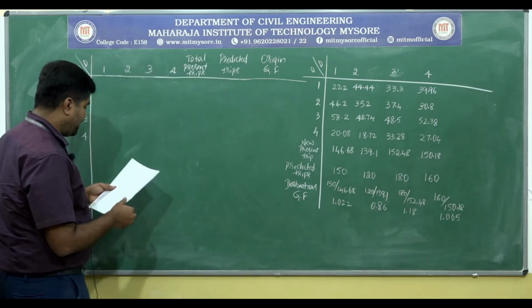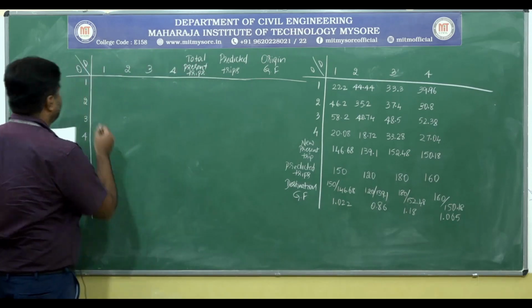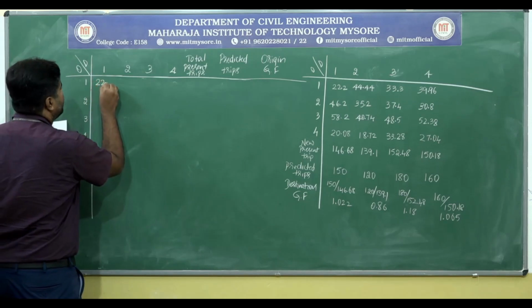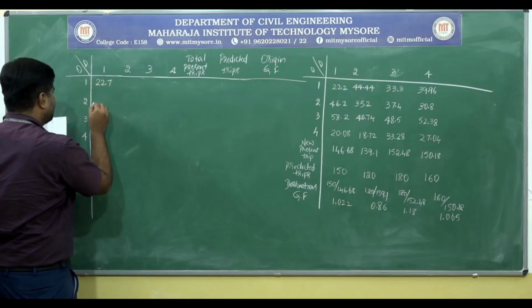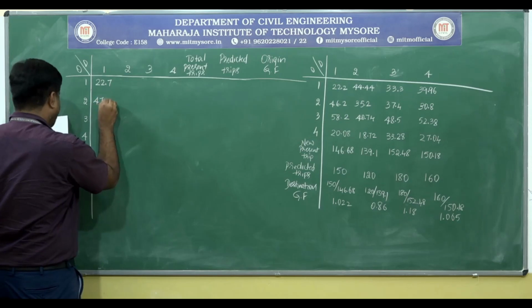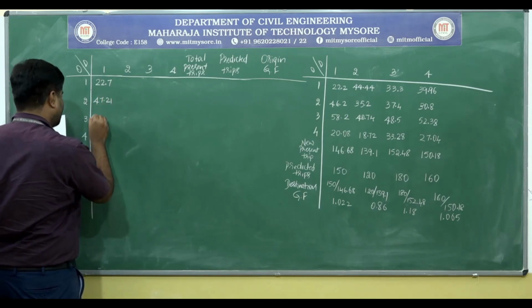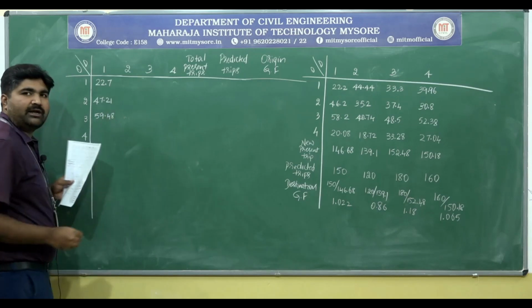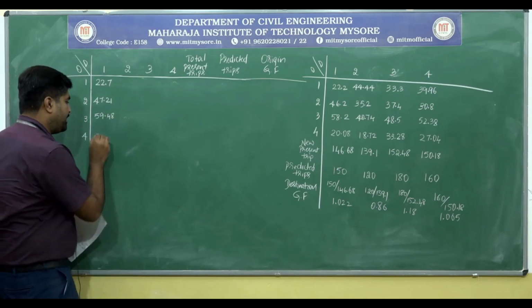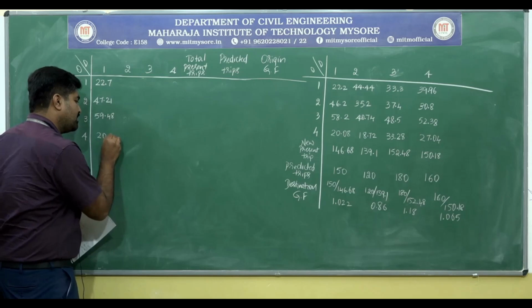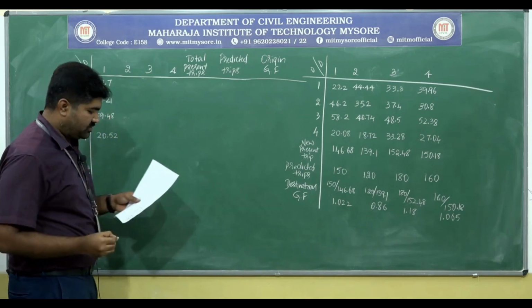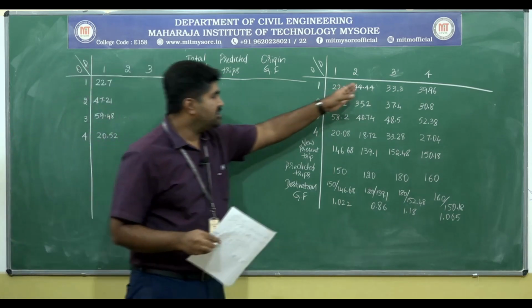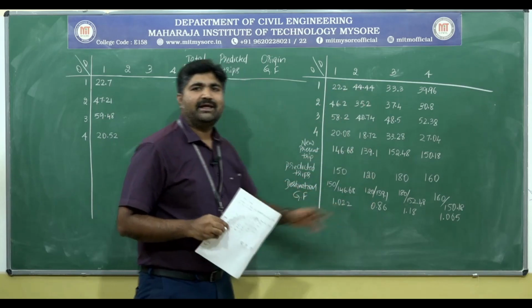Okay, by multiplying that you will get these values: 22.7, 47.21, 59.48, 20.52. Similarly, multiply this column by 0.86.